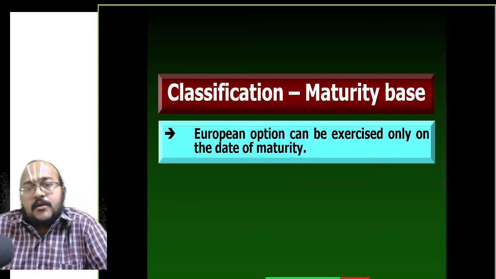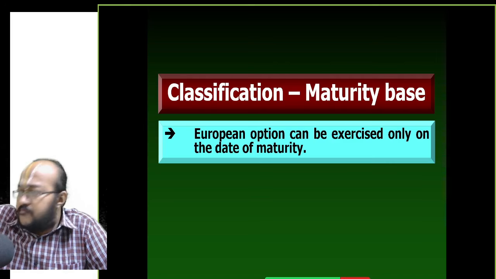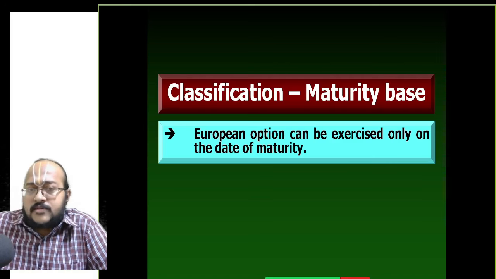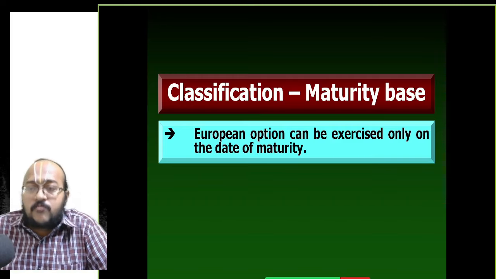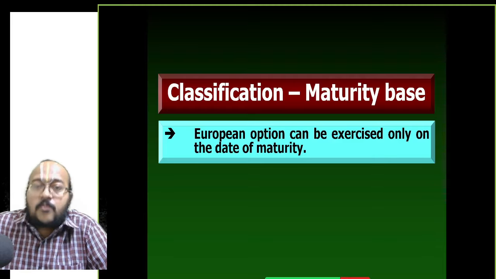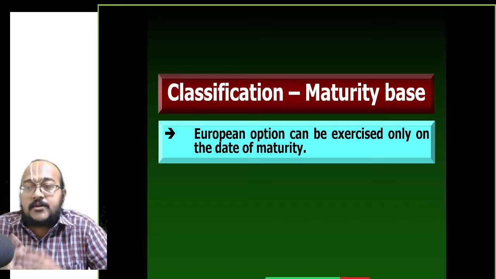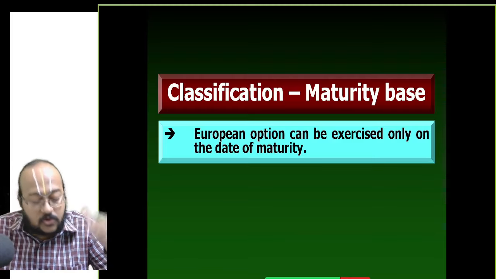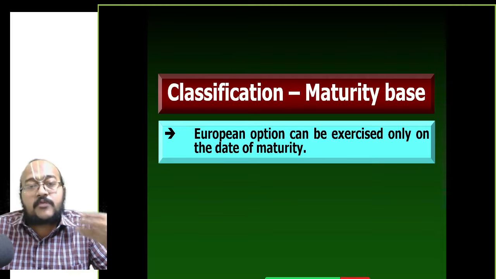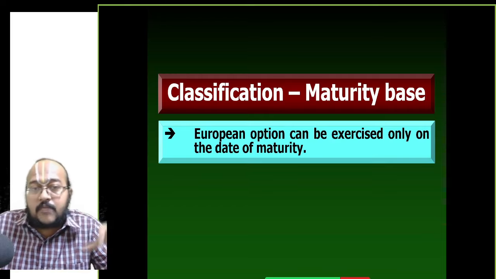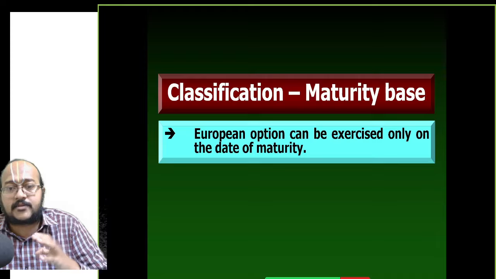Base erosion and profit shifting, BEPS, has many clauses. You have different agreements with different countries. We generally follow European standards there also, because American options are not that beneficial, we feel. That's why our Indian market is also aligned towards European markets and options.